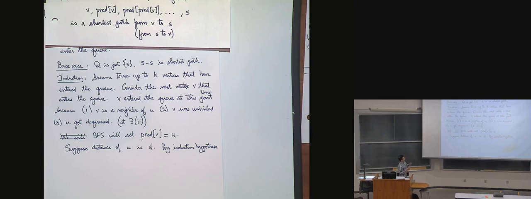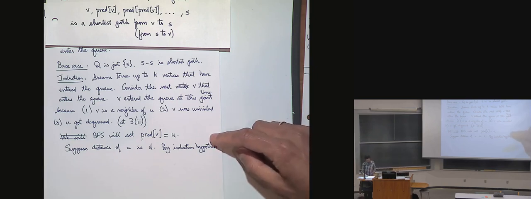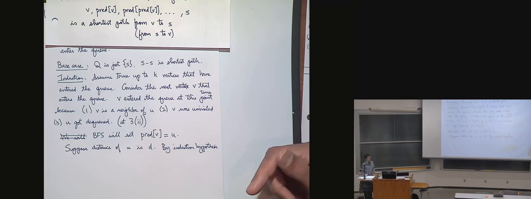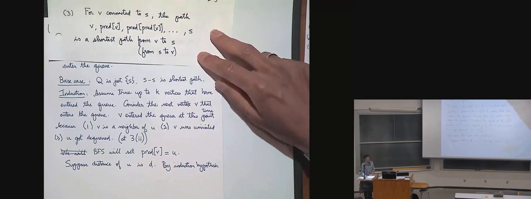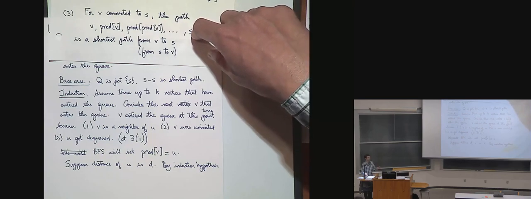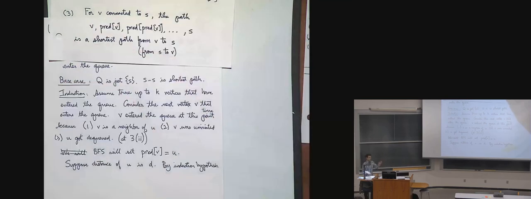I know something about U. Because U has obviously entered the queue. Because U is getting DQ'd. So by the induction hypothesis, I know that this statement is true for U. Right? So if I start from U and take predecessors all the way, I know that's the shortest path.